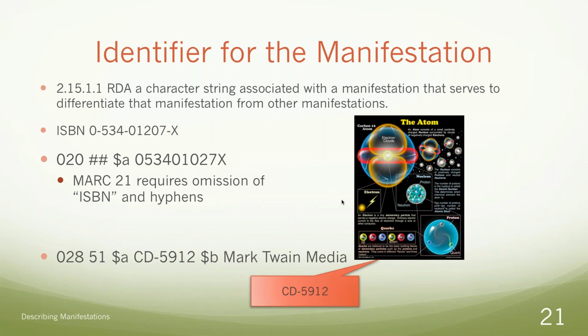Just remember that you have to omit the letters ISBN and the hyphens between the numbers. And a reminder that the X in an ISBN is the Roman numeral 10. So it's not a letter, it's a number and needs to be part of the ISBN field itself.